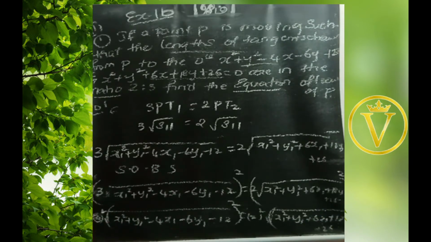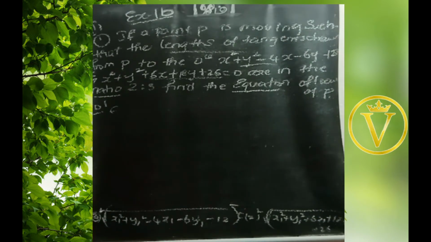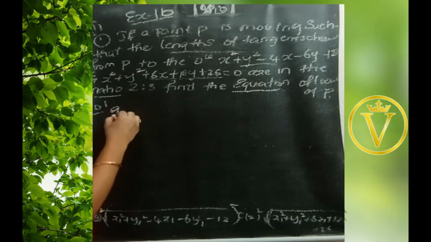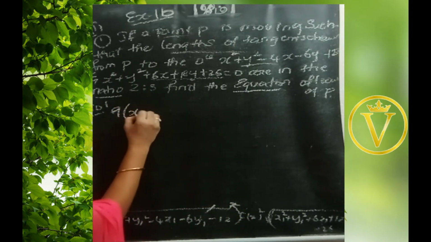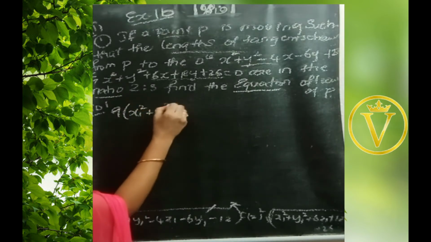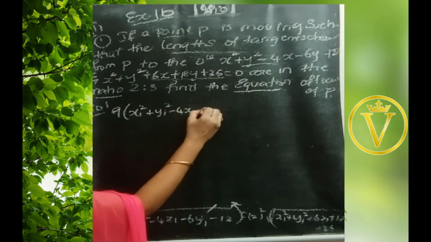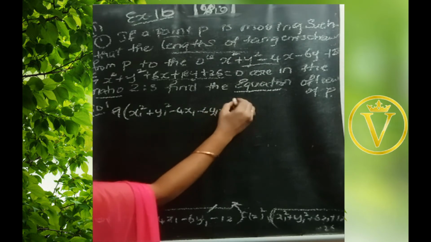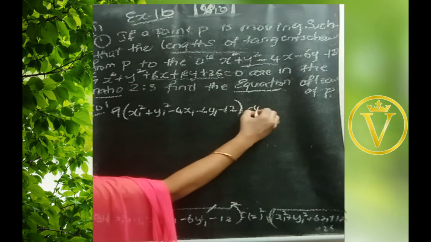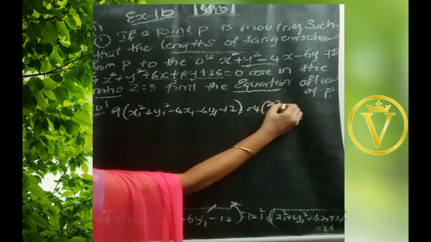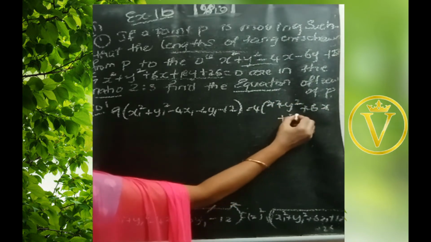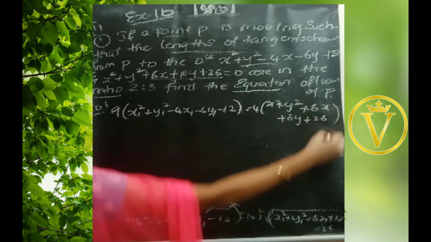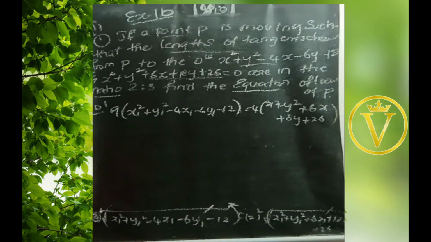Now for solving, here 3 3s are 9, and the square root will get cancelled. So x1 square plus y1 square minus 4x1 minus 6y1 minus 12, 2 2s are 4, into x square plus y square plus 6x plus 18y plus 26. Here the square root will get cancelled.